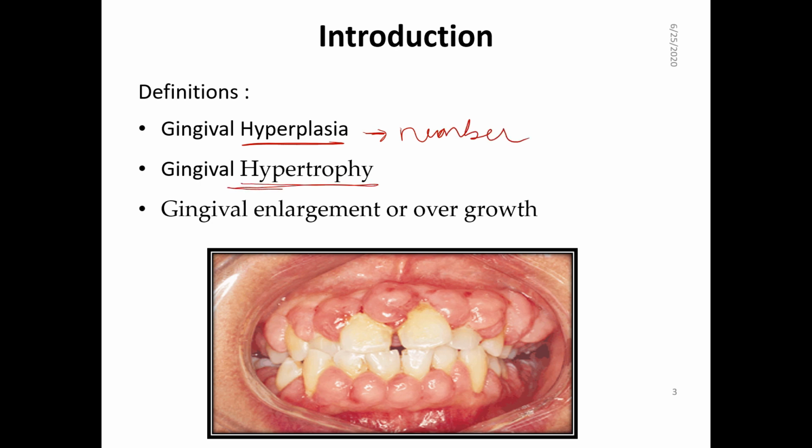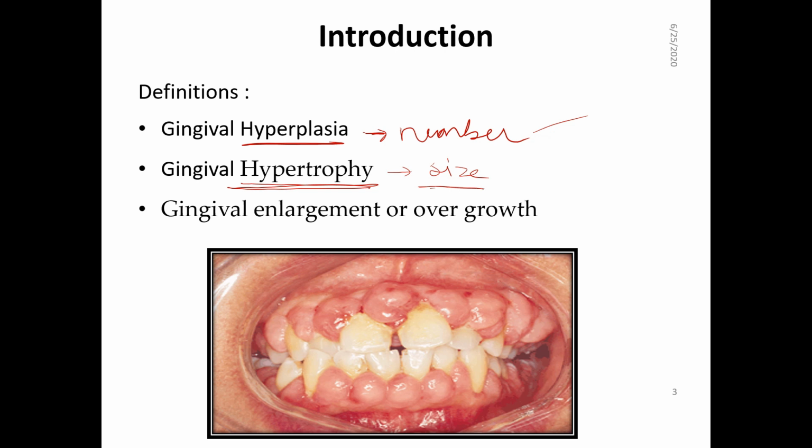Second is hypertrophy: there is an increase in the size of cells which leads to an increase in the size of an organ or a part. So gingival hyperplasia means gingival overgrowth due to an increase in the number of cells, and in gingival hypertrophy there is an increase in the size of the cells which leads to an increase in the size of the gingiva.